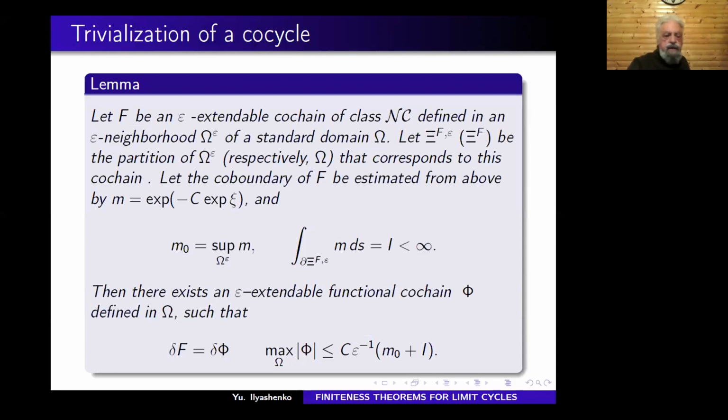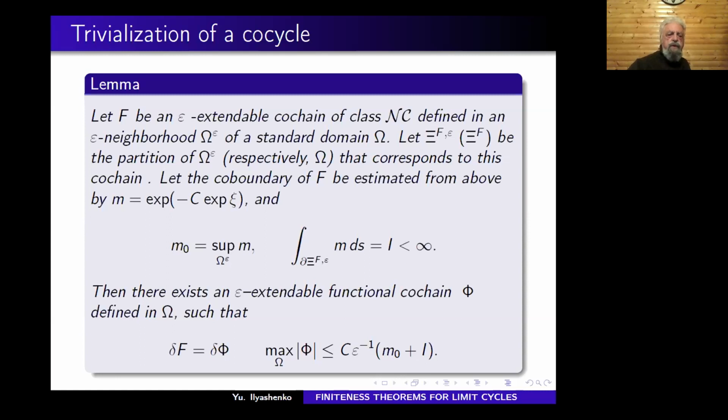We deal now with cochains, and we want to deal with functions. A cochain may be considered as a cocycle. Better to say, the coboundary of the cochain may be considered as a cocycle. To trivialize this cocycle is to find a cochain with this coboundary. For sure, one cochain is already found. This is our cochain.